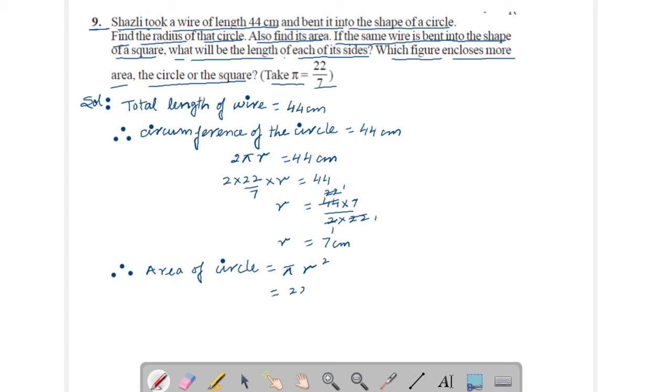Value of pi is 22 upon 7 into radius it is 7 centimeter square. Here cancel 7 once 7, 7 once 7. Multiply 22 into 7, you will get 154 centimeter square. This is area of circle.